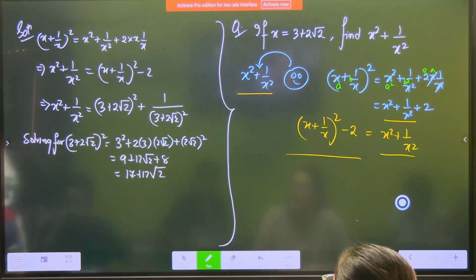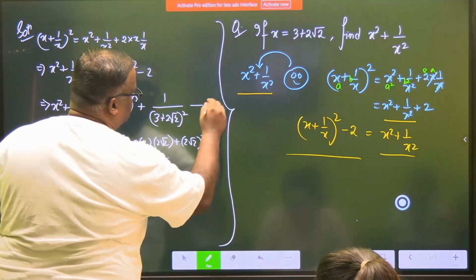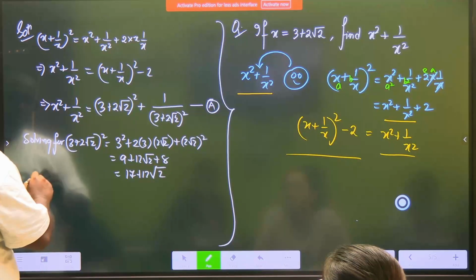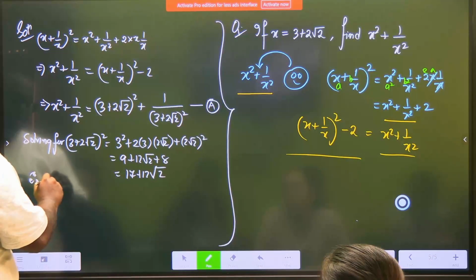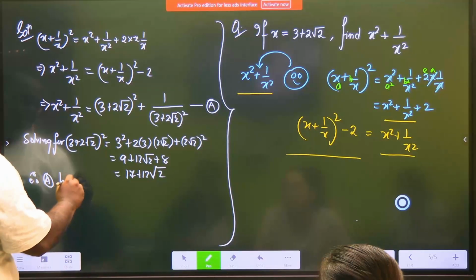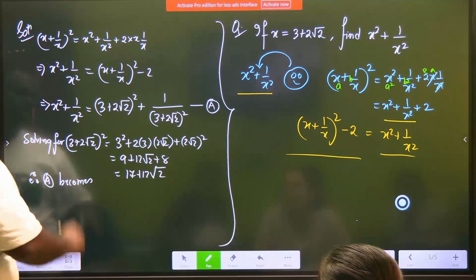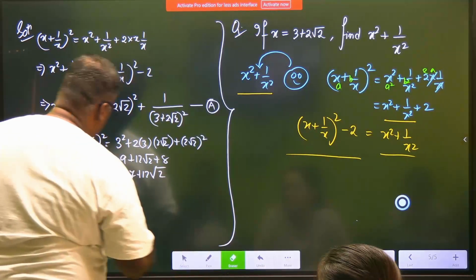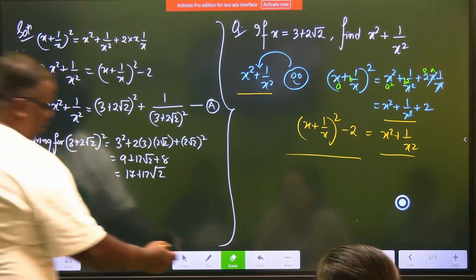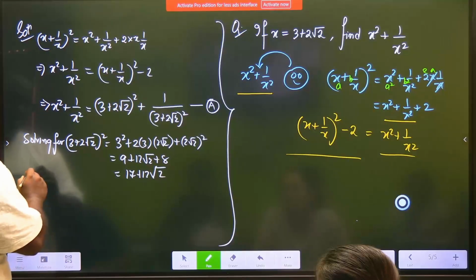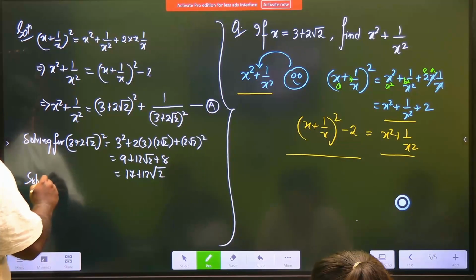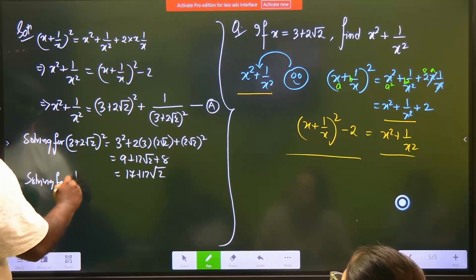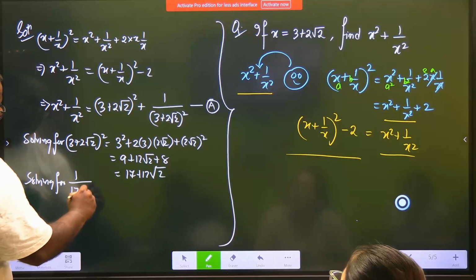Got this, all of you? Right? Mark this as A. Now solving for 1 by 17 plus 12 root 2.